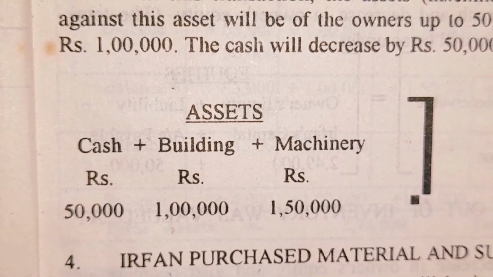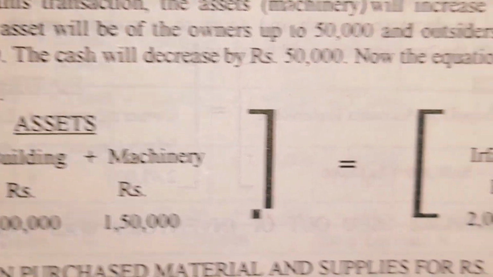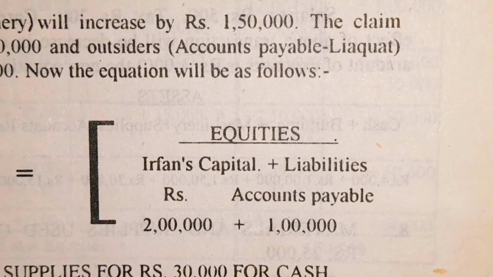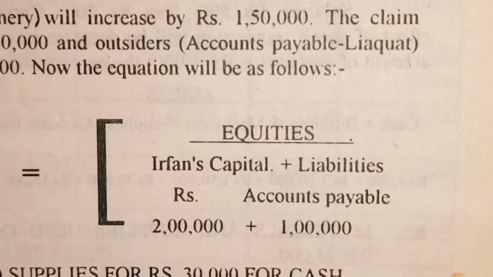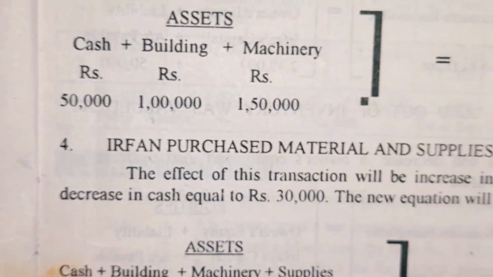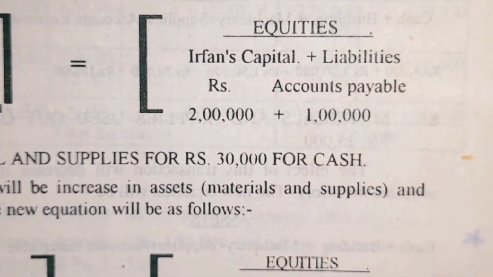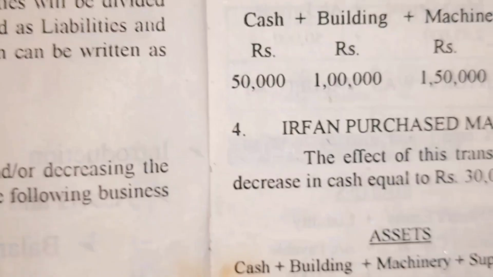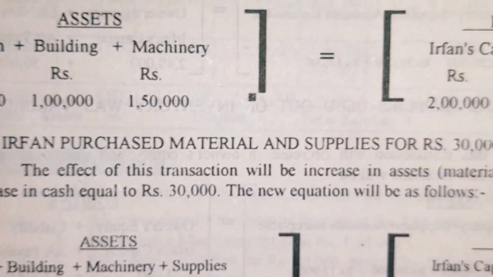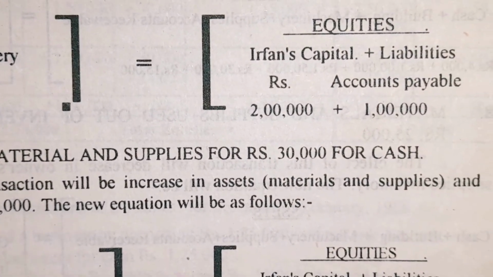The cash will decrease by rupees 50,000. Now the equation will be as follows: assets, cash, rupees 50,000 plus building, rupees 1 lakh plus machinery, rupees 1,50,000 is equal to equities, Irfan's capital, rupees 2 lakh plus liabilities, accounts payable, rupees 1 lakh.